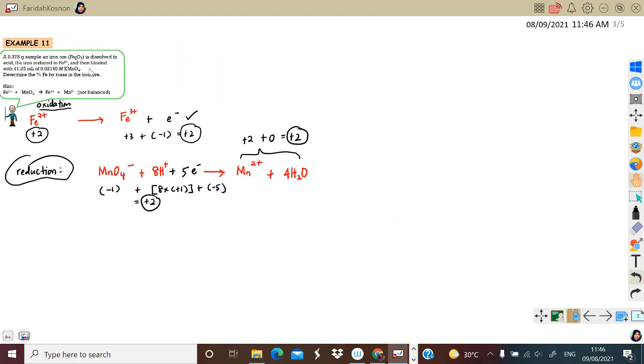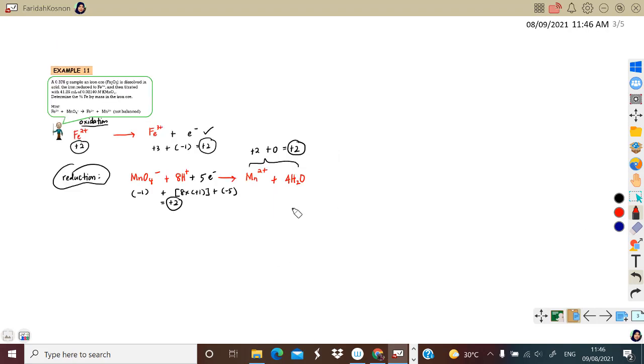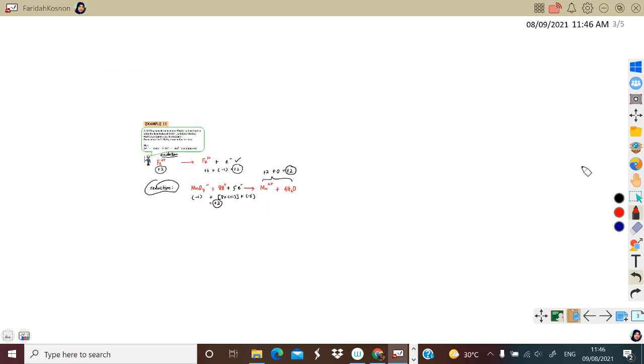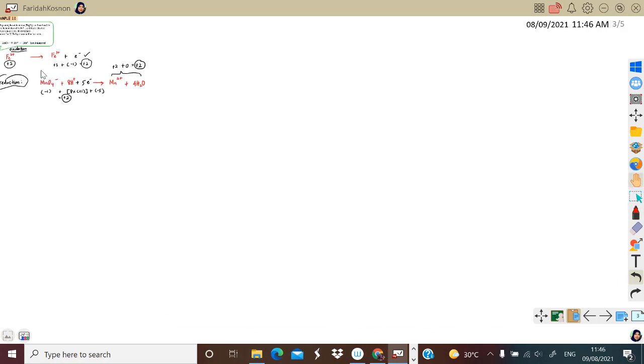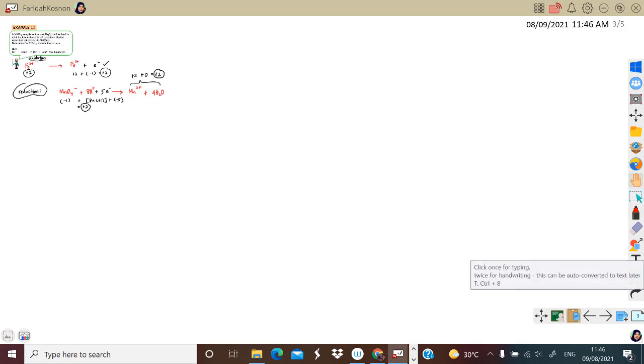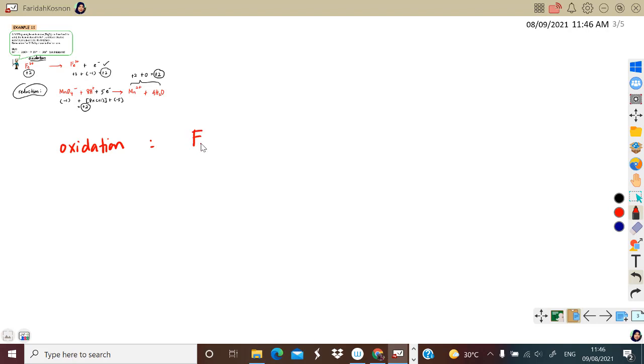Okay, saya kecilkan sikit. Okay, so now kita combine. So bila kita combine, apa yang berlaku? Okay, awak boleh refer nota. So, bila kita combine, what happen? So, oxidation: we have iron 2 plus converted to iron 3 plus and 1 mole electron is removed.